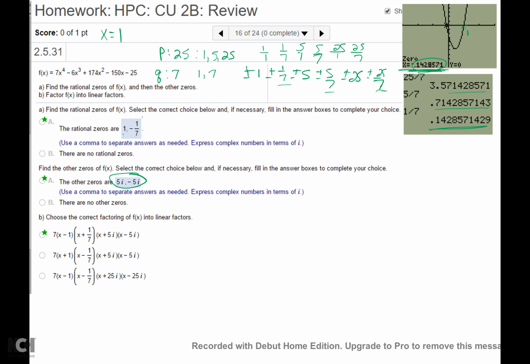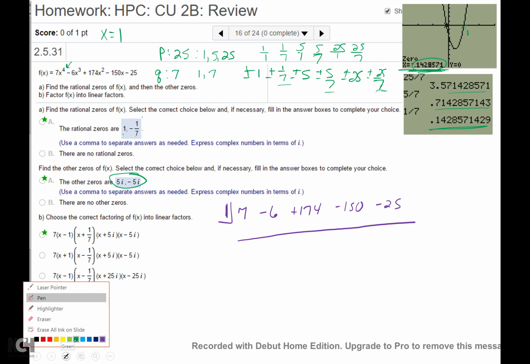Now, the way to find the other ones is you have to divide by the rational ones to get this down to a second degree to use algebra on it. So I'm going to take my 1 and put it in the hole. My coefficients: 4th degree, 3rd degree, 2nd degree, 1st degree, constant. 7 comes out, multiplies by 1, brings back 7.